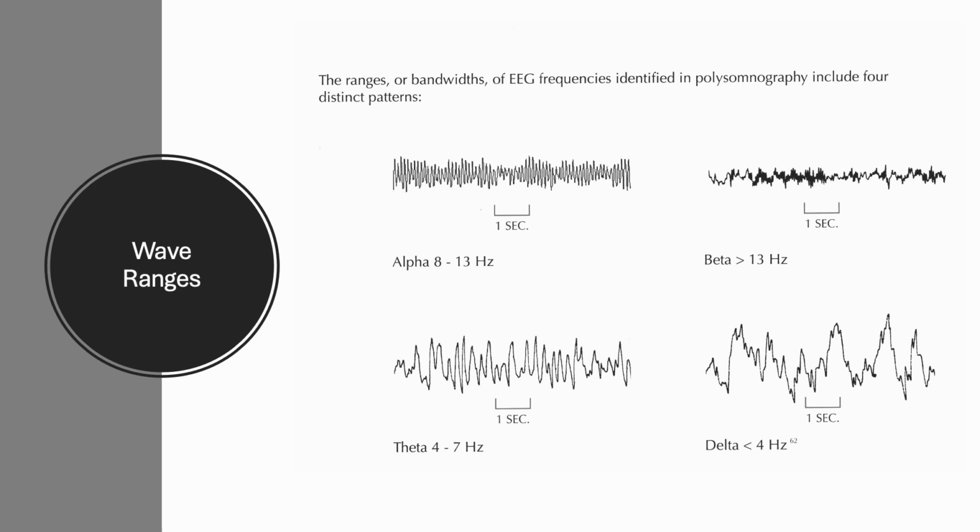If you were to move that pin slowly up and down as the paper moves, you get slow waves, and they look kind of big because going from a low voltage to a high voltage takes more time than a smaller wave would. If you move the pin really fast when the paper moves by, you get something that looks more like alpha waves. They're closer together and a little shorter.